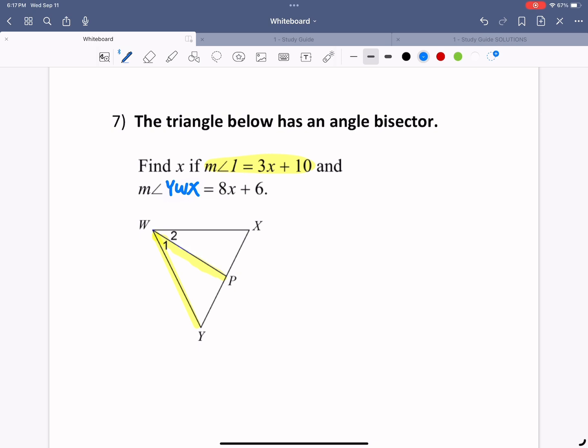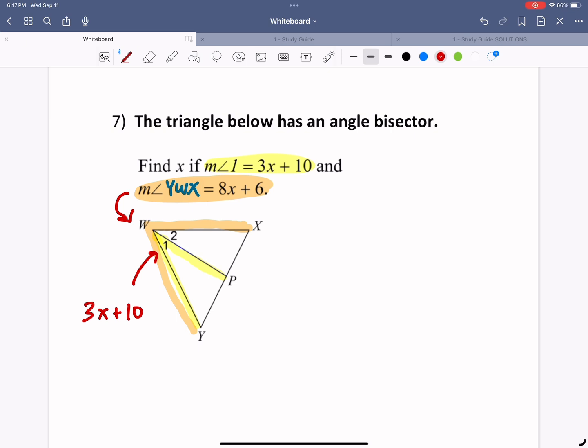So that's going to be, let's call it 3x plus 10. But then this time, well, this is going to be interesting. You would have the whole angle YWX, this whole thing would be equal to 8x plus 6.